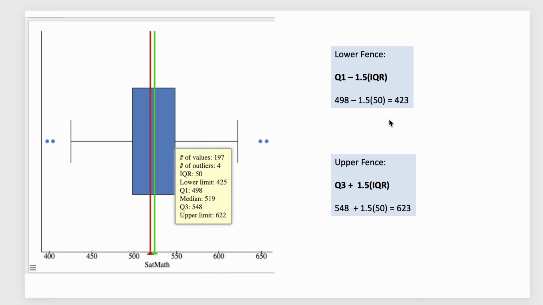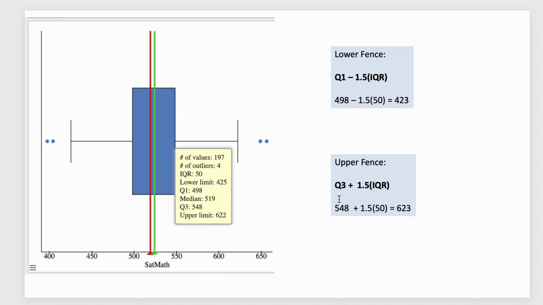And we do the math for that, and it's 423. So any math SAT score that is below 423 is considered an outlier. And on the next slide, I'm going to show you the actual cities and towns that these two outliers represent.